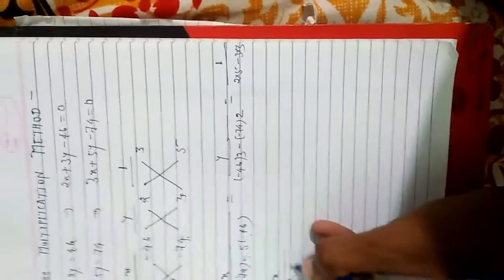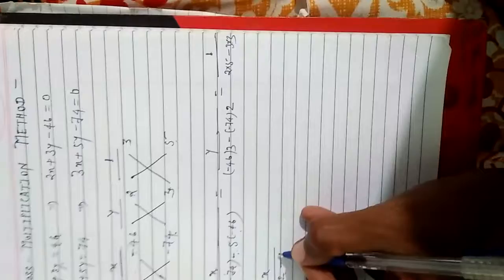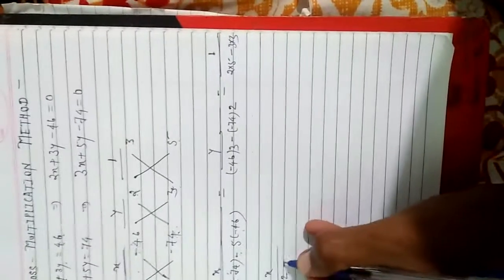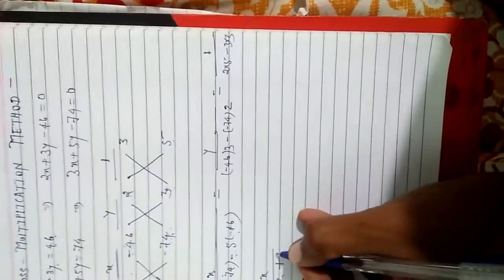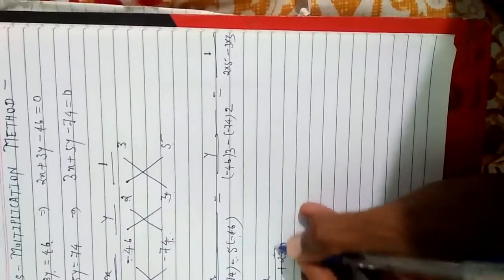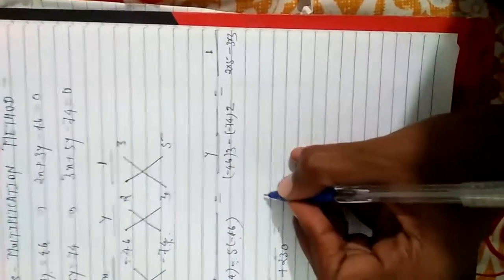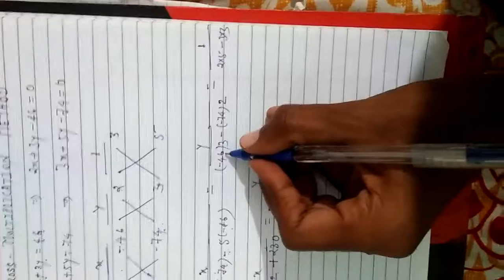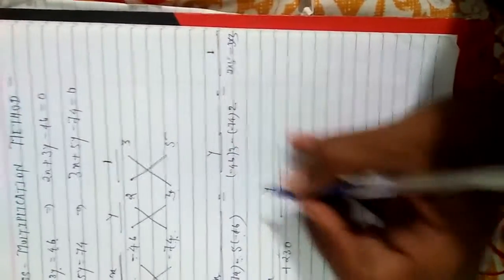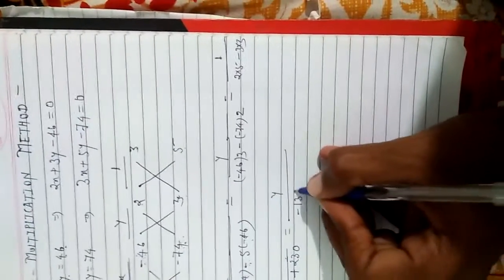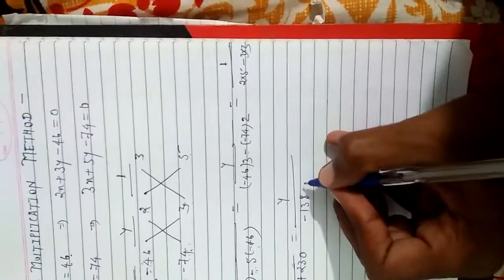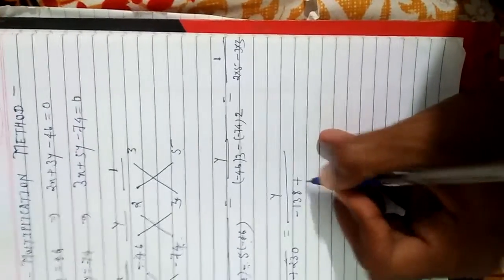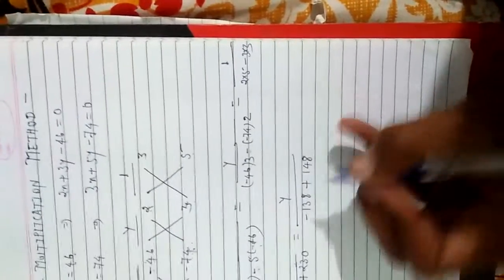And when you multiply, minus into minus gives plus, and this is 230. And this is y: we will get minus 138, and minus into minus is plus, and we will get 148.